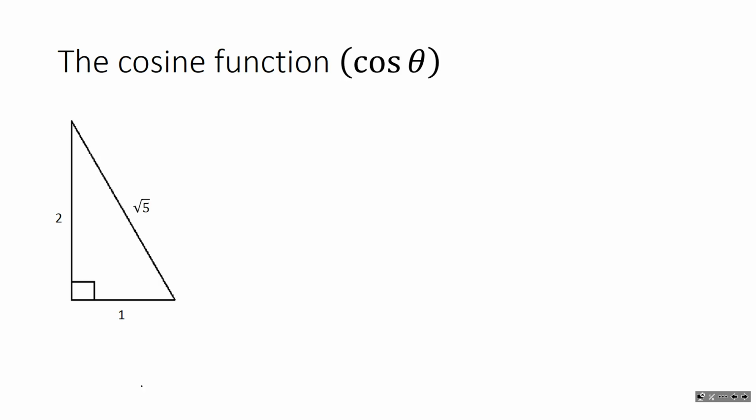The second one is the cosine. Just to be consistent with the last example, I'll pick the same angle, lower right, to be theta. So this problem will be labeled just the way the previous one was. And now for the definition. The cosine of theta is defined to be the adjacent over the hypotenuse.